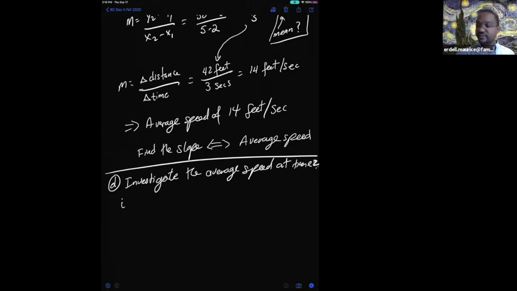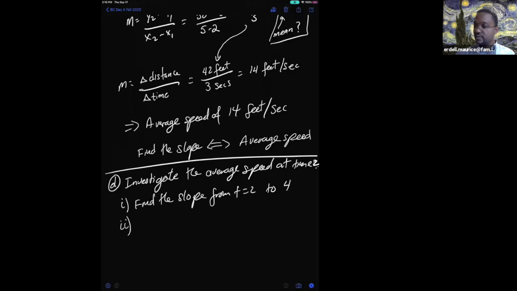So I want you to find the slope: find the slope from time equals 2 to 4.